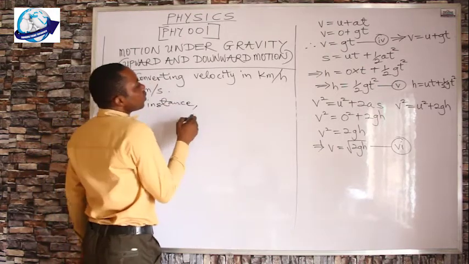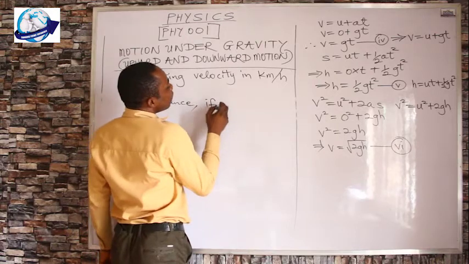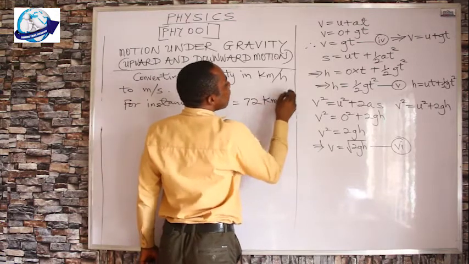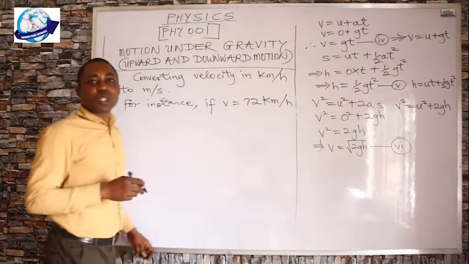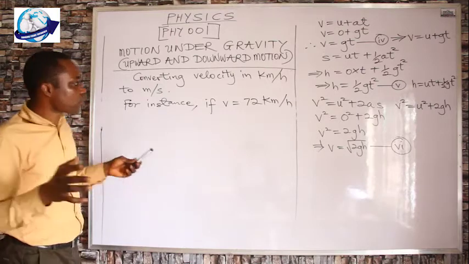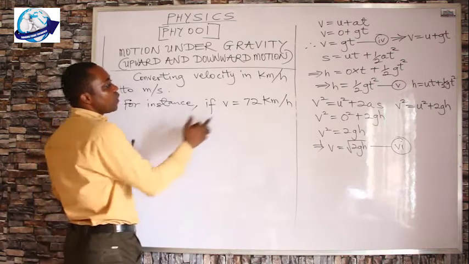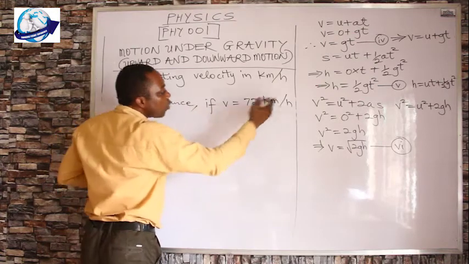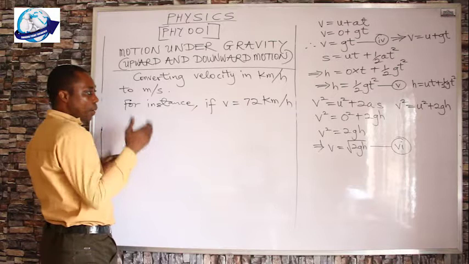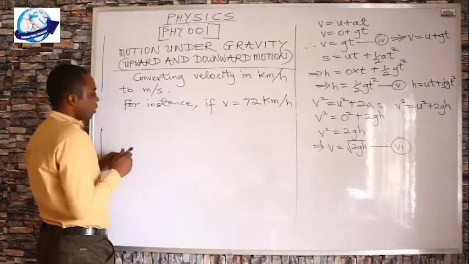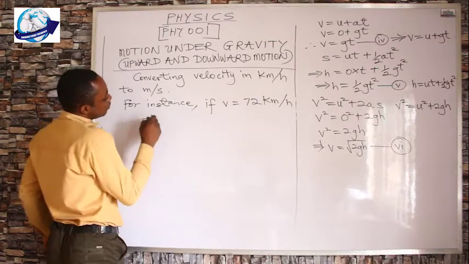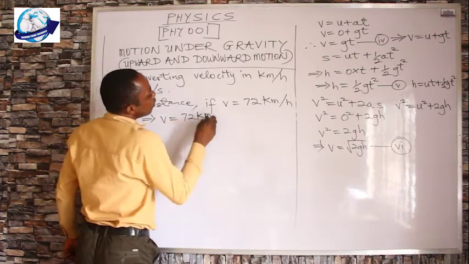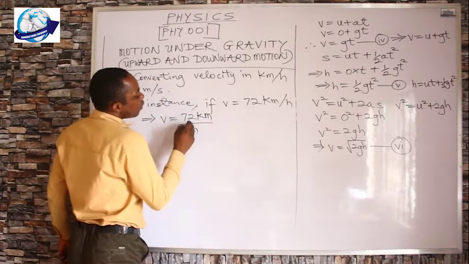When you are given, let's say, velocity is equal to 72 kilometers per hour, and you are asked to leave your answer in meter per second, just make it easy. 72 kilometers per hour means 72 kilometers all over 1 hour. Per hour means 1 hour. Then it implies that v is equal to 72 kilometers all over 1 hour.